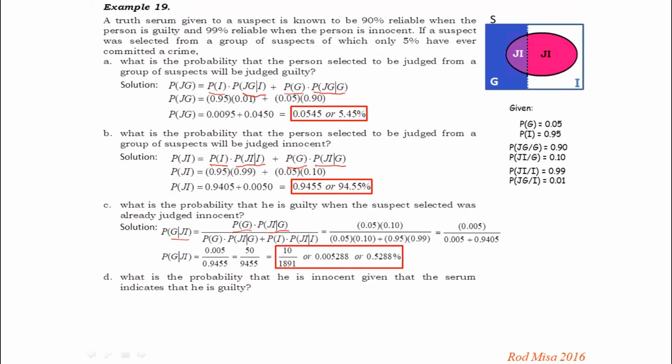Now, let us proceed to the last question here. What is the probability that he is innocent given that the serum indicates that he is guilty here? So solving this problem is to apply the Bayes rule here, which is the probability that the suspect is innocent given that he is really judged as guilty, and the numerator is the probability that he is innocent times the probability that he is judged as guilty given that he is innocent of the crime, divided by the total probability of judging the suspect as guilty.